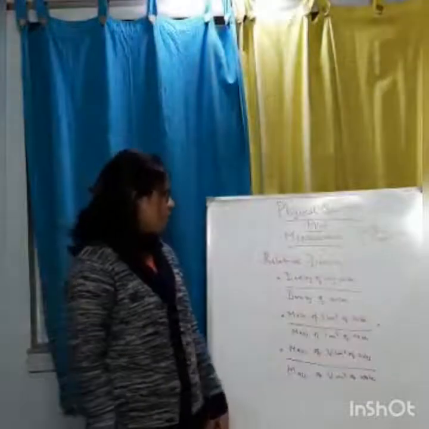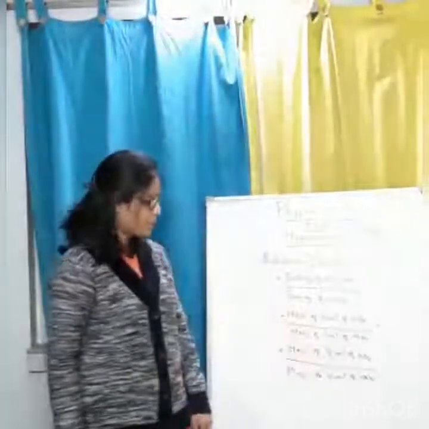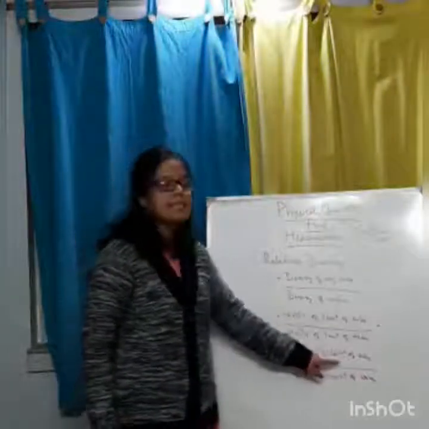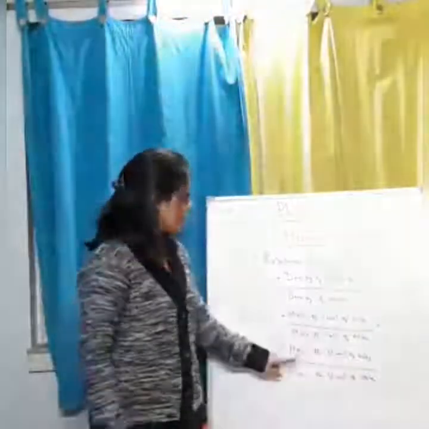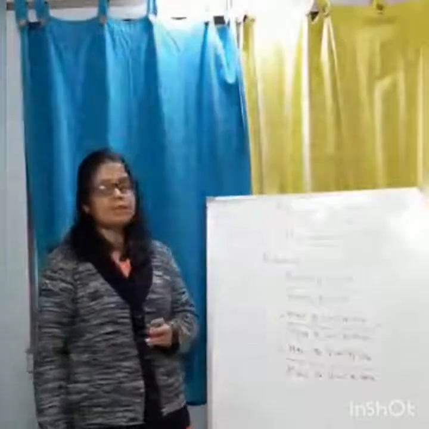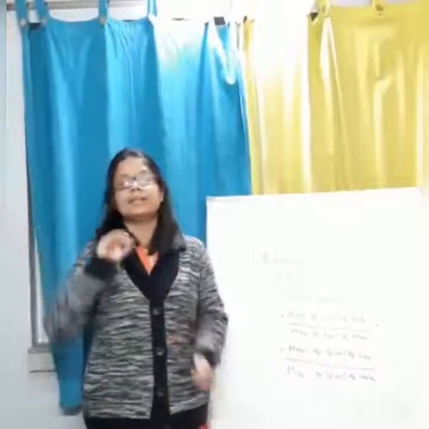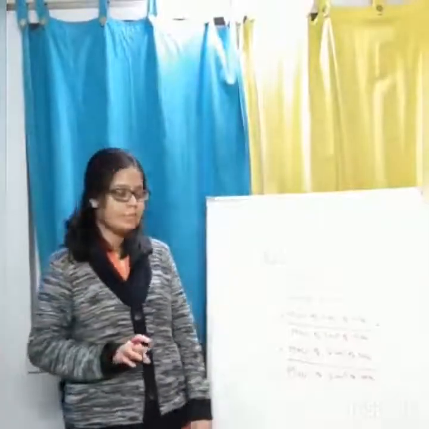Now instead of V, we can write mass of any volume of a substance divided by the mass of the same volume of water. So that is what relative density is.